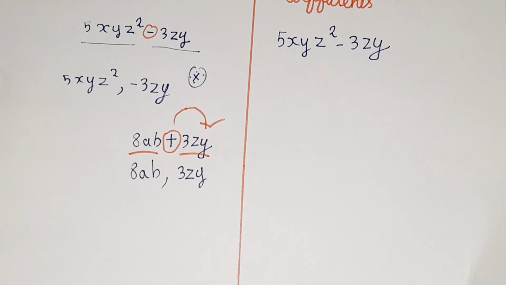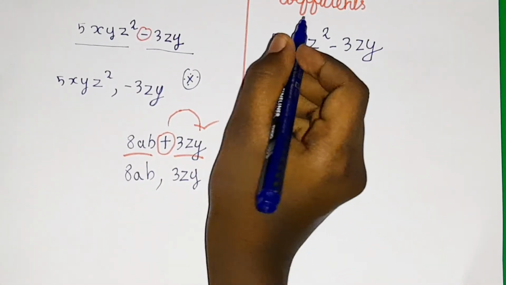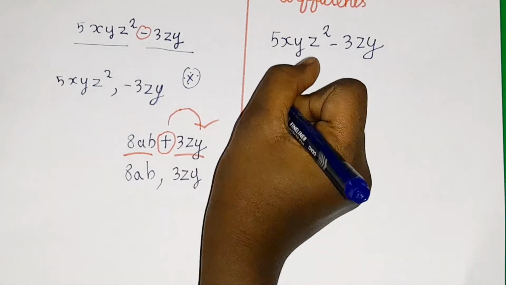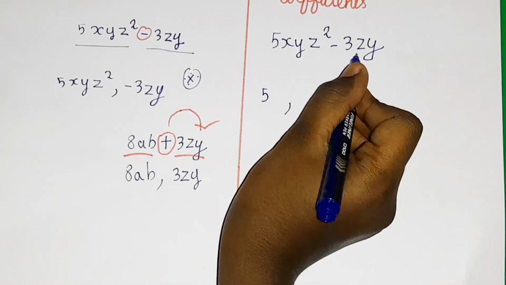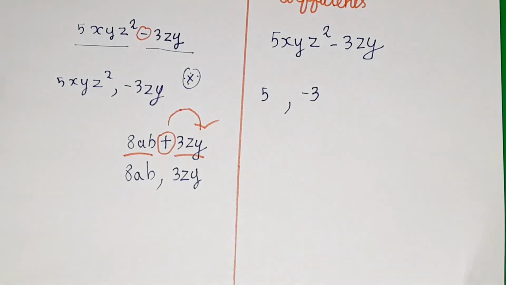So for that variable, which number is there? So let me solve the first one and show you, and then you will understand it clearly. Okay. So here the answer is the coefficient of xyz square is 5 and the coefficient of zy is minus 3. So this is the answer.